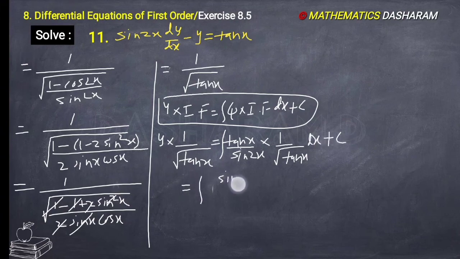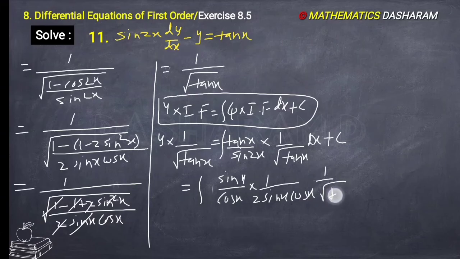So here sin x by cos x into 1 by sin 2x, formula 2 sin x into cos x, into 1 by root tan x dx plus c. Here sin x cancel.